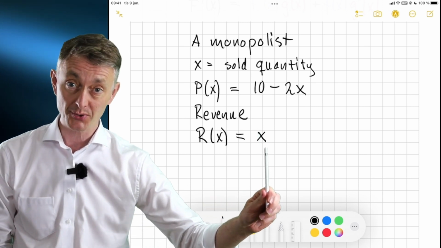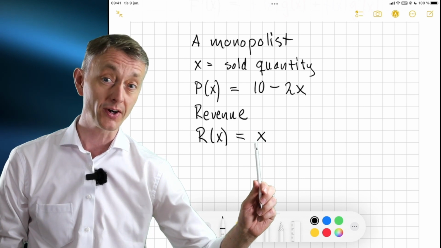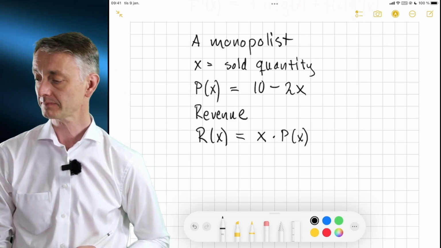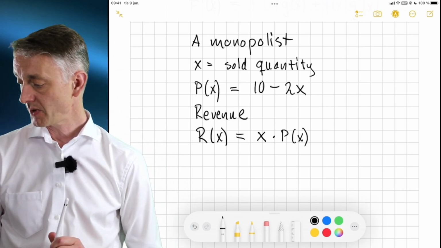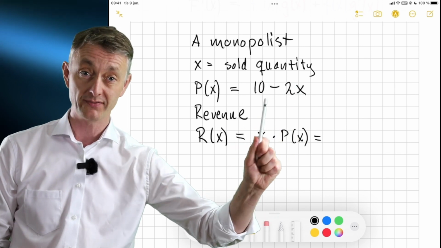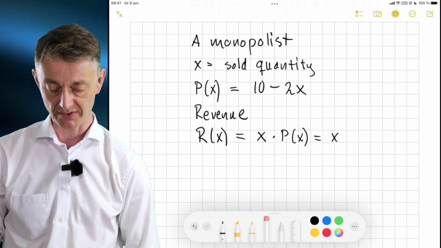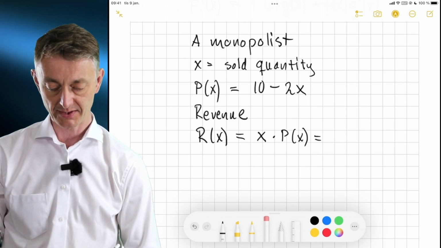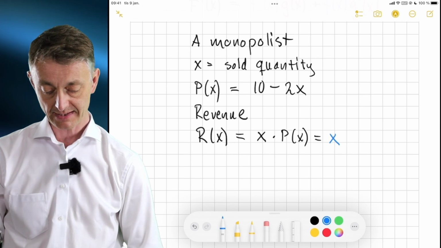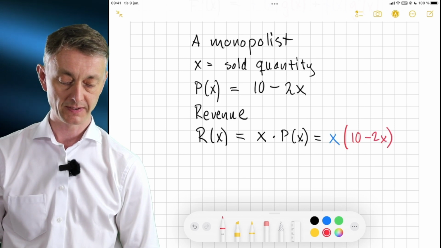If you're selling 2 cars, then to calculate the revenue, we must multiply the number of cars, 2, by the price it fetches in the market, which is P of X. If we put in the equation for the inverse demand, we will have the following: X times, and then we have the inverse demand, which was 10 minus 2x.